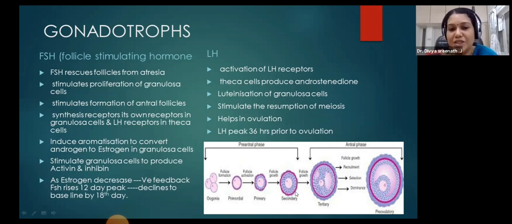Like that, from so many follicles, one follicle with maximum good quality is selected as the dominant follicle. If FSH is not acting upon a follicle, it may go to atresia, or programmed cell death. So FSH selects a group of follicles, and they grow and start to secrete estrogen hormone.